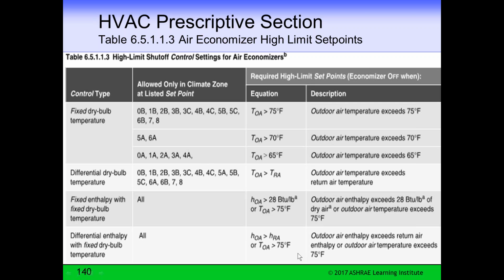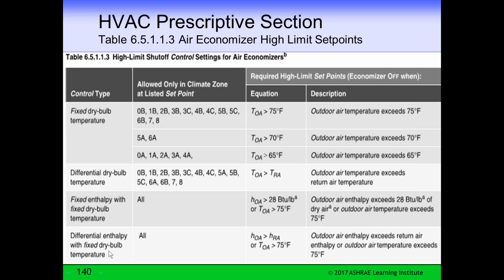And then differential enthalpy with fixed dry bulb temperature, where you would say outdoor air enthalpy exceeds return air enthalpy, or outdoor air temperature exceeds the limit. So this is a way you can look at humidity and temperature.